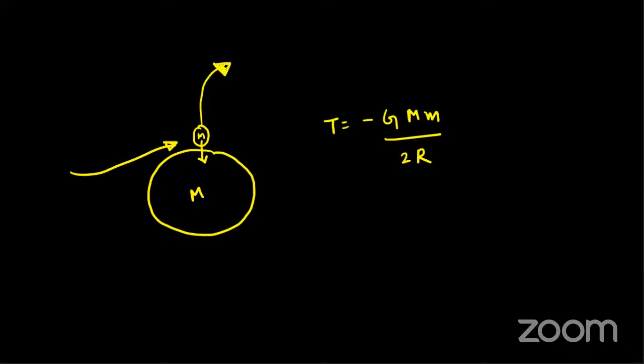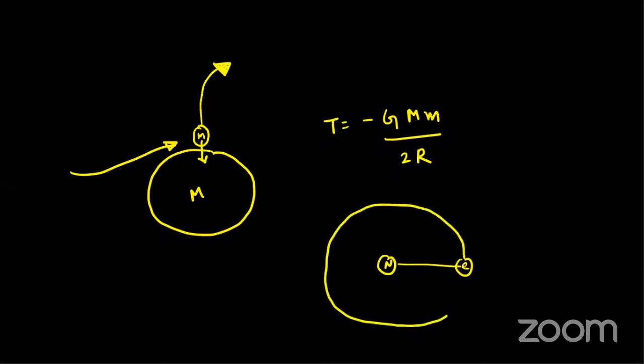Okay, are you getting my point? So negative means it is bound to the system. Similarly, when there is a nucleus and in the first orbit there is an electron, if it has some negative energy, that means it is bound to this nucleus. It is always revolving around the nucleus.